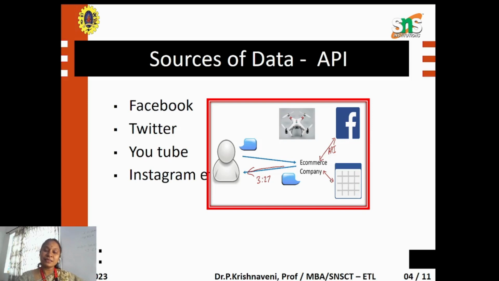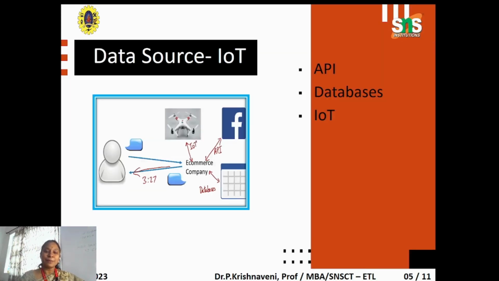All these are interconnected, like Facebook, Twitter, YouTube, Instagram, etc. Wherever we get a query about a particular product from a customer, it will be answered immediately with the support of the application programming interface. These are all the different sources: all the social media, all the transactions, all the deliveries, everything becomes a source for the company.